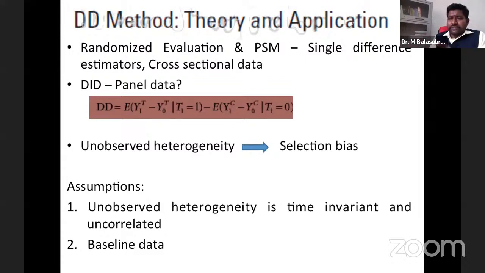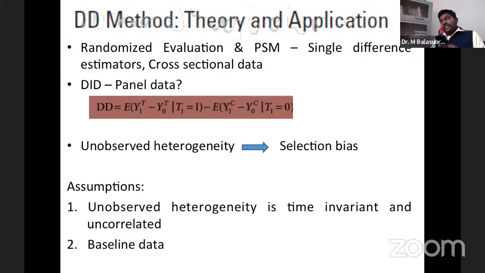There are different ones. As I said, in the PSM model or the randomized evaluation techniques, we use only single difference estimators, either with or without, or before and after. But here we are using the combination of both.